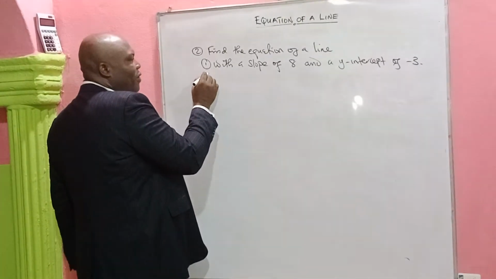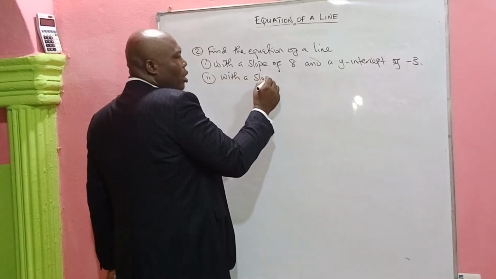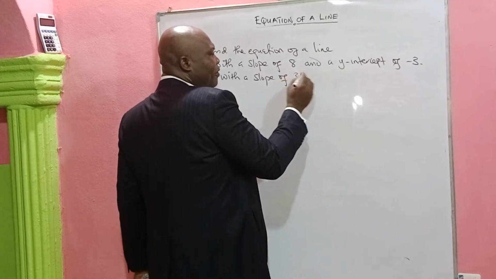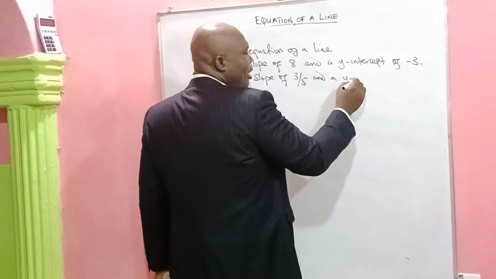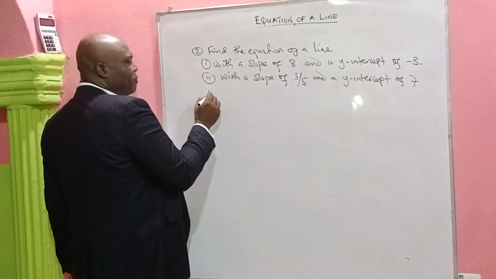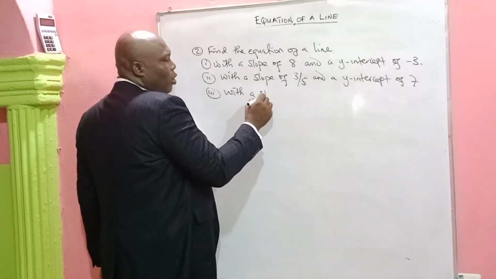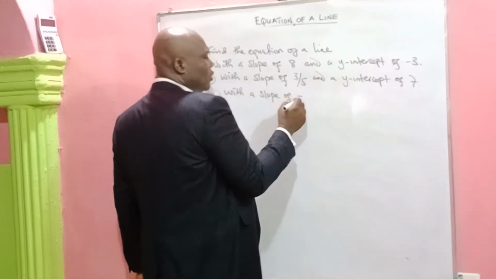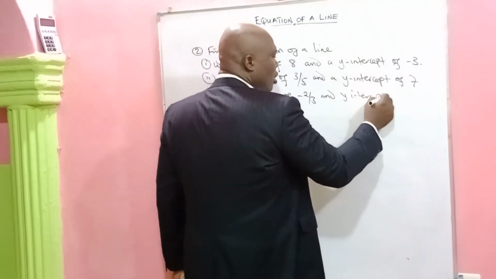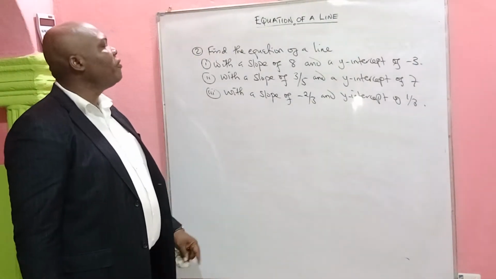You can also be asked to find the equation of a line with a slope, let's say, of 3 over 5, and a y-intercept of 7. And also we can be asked to find the equation of a line with a slope of minus 2 over 3 and y-intercept of 1 over 3.